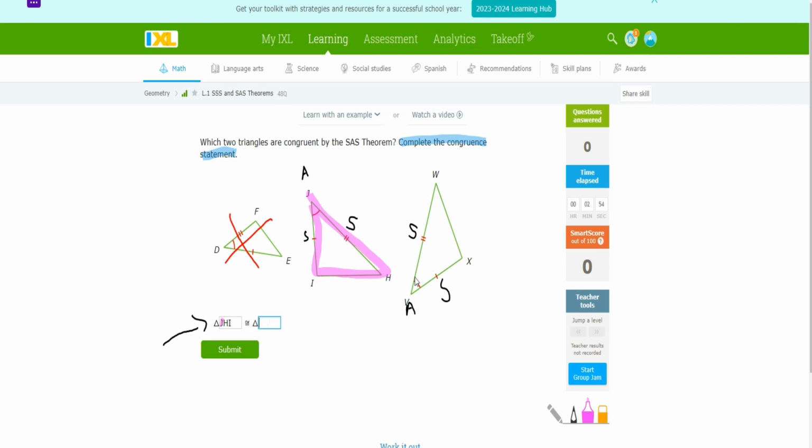So this is actually triangle VWX. It's important to understand that the order matters. I'm writing with my mouse, so this might be a little difficult. Order matters.